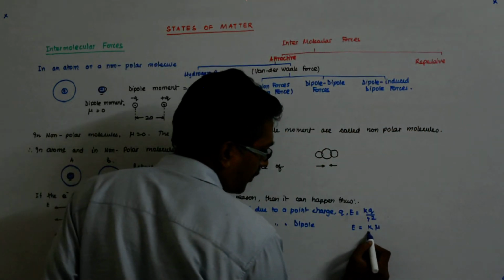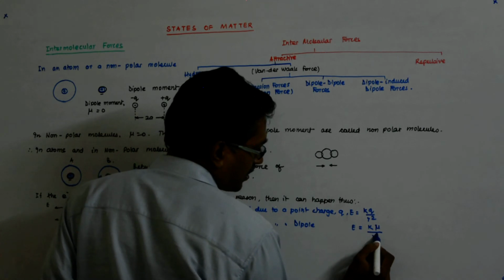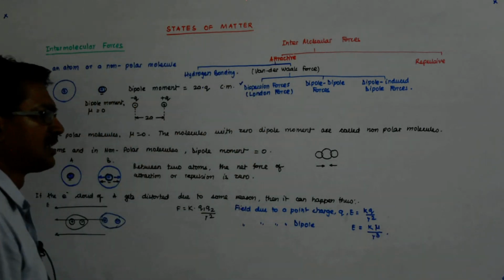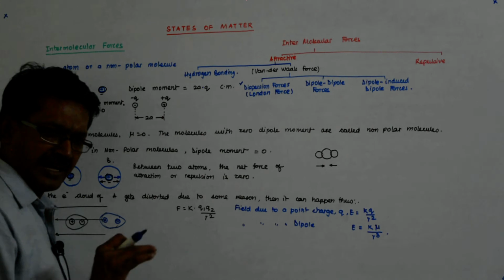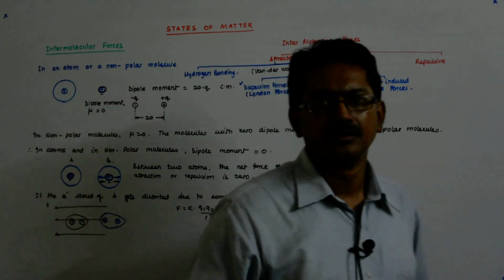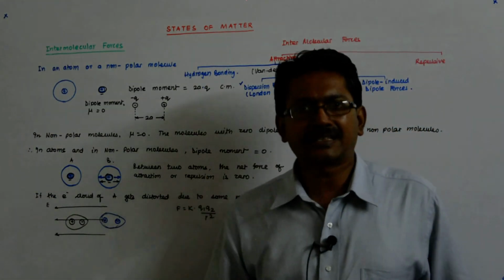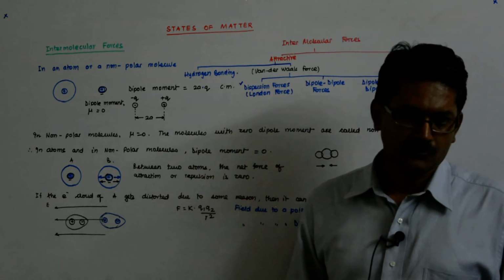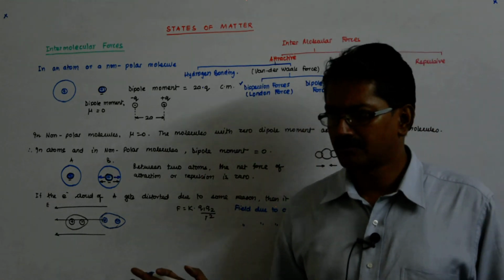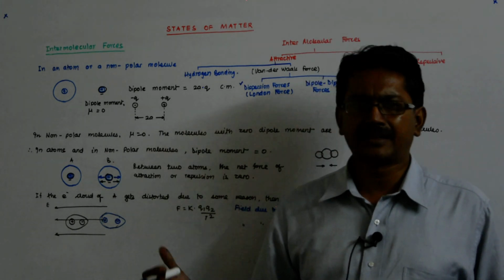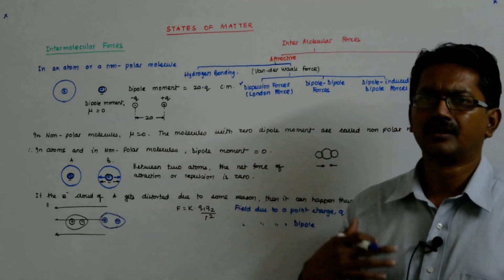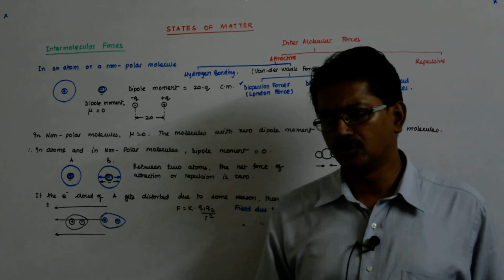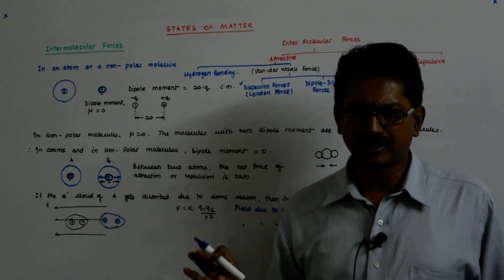Kp upon, this becomes R cube. It is derivable. In fact, we derived this in class 12th, and it is asked as a derivation in the board exams. So there is no enigma about it. If you go across the class 12th video, you'll be able to get what I am trying to say.